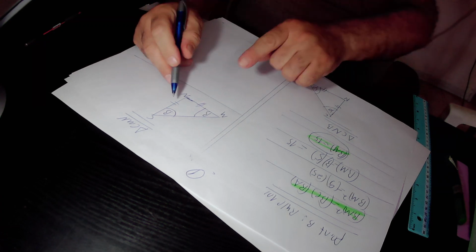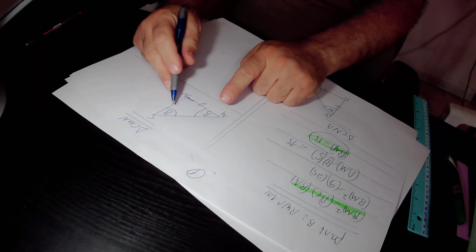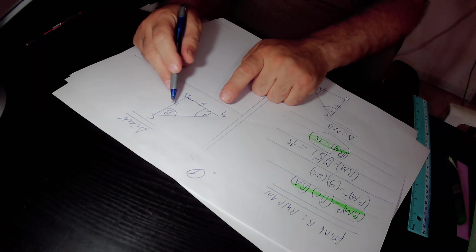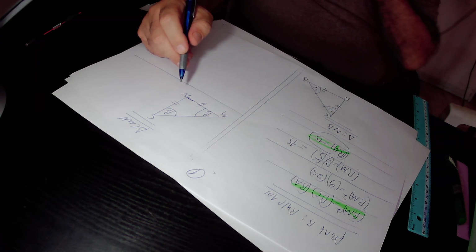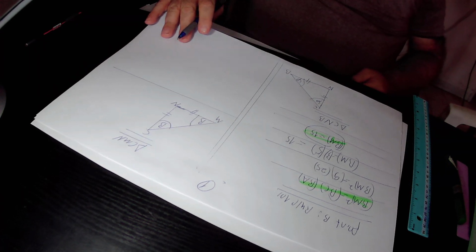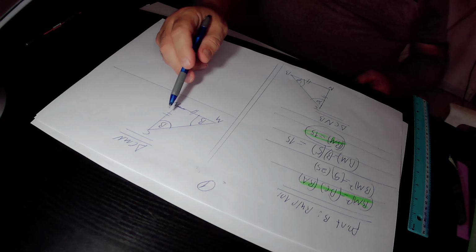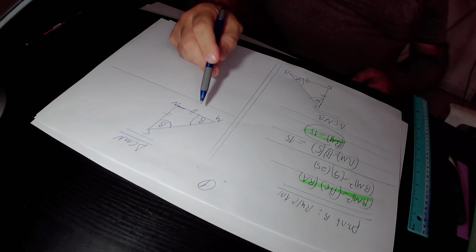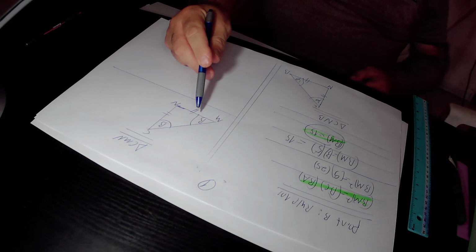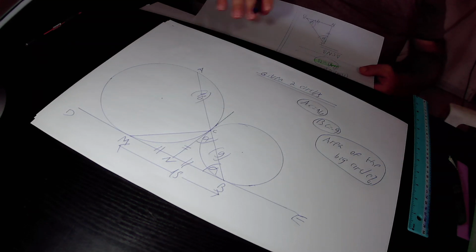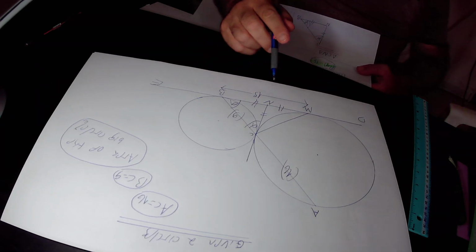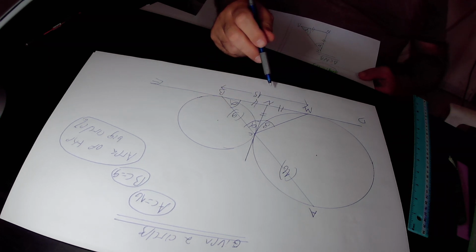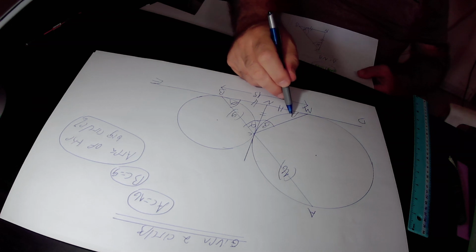So we found out that this is angle MCN, which is equal to beta, and this is angle NMC, that is also equal to beta.